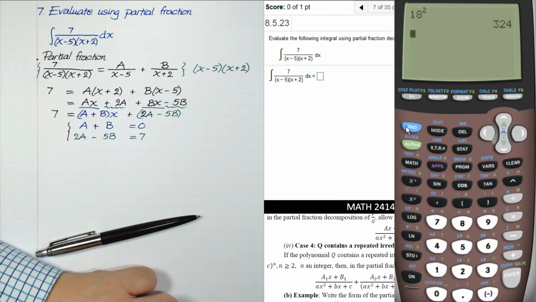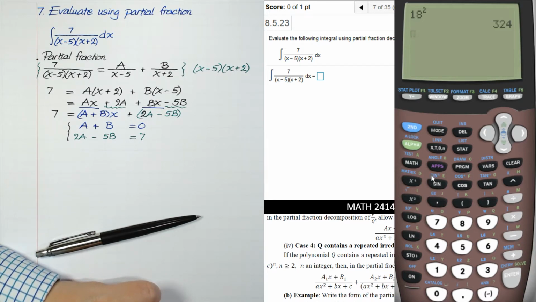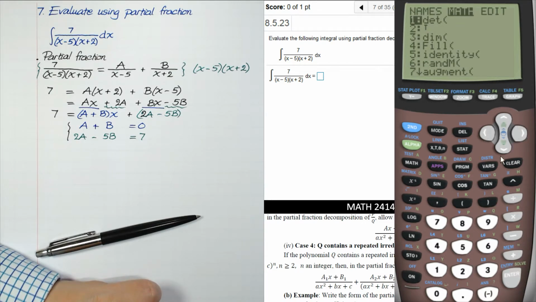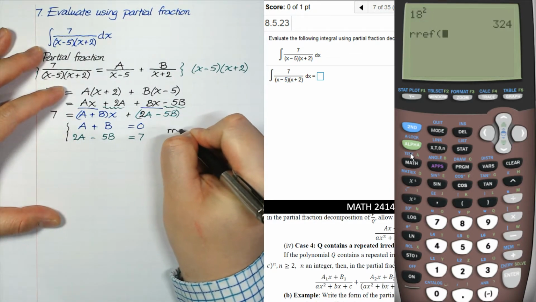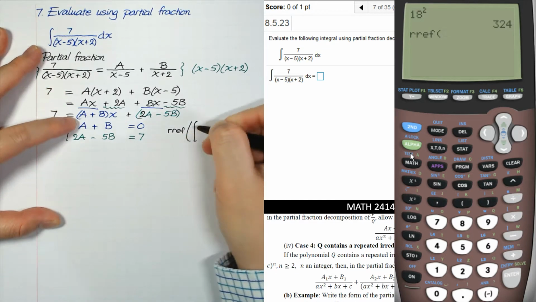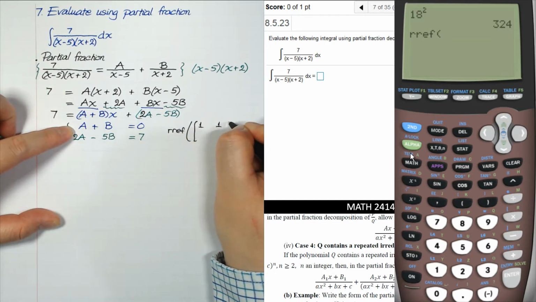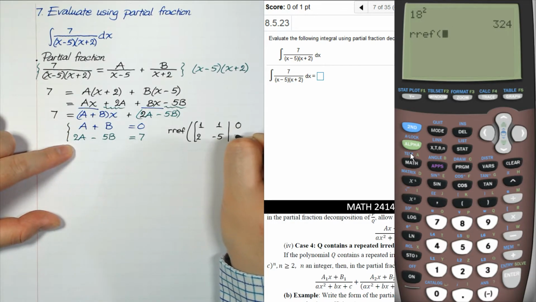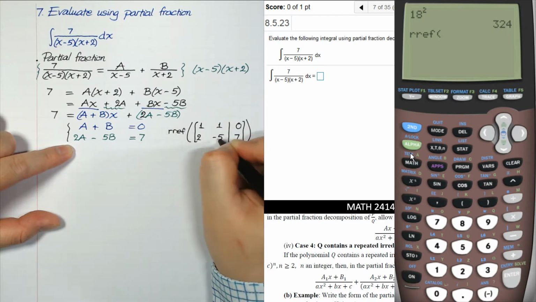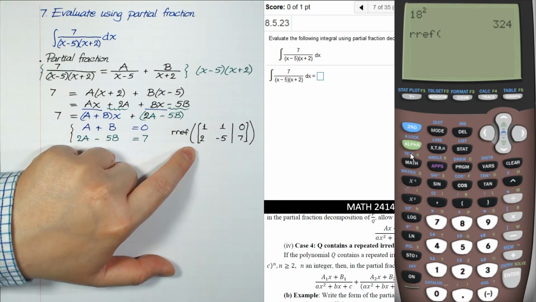We're going to use reduced row echelon form. Second matrix, go to math, option B, reduce row echelon form, and then we write that to the matrix. So just do reduced row echelon form of the matrix: 1 for A, 1 for B, 0, 2A, minus 5B, and 7.